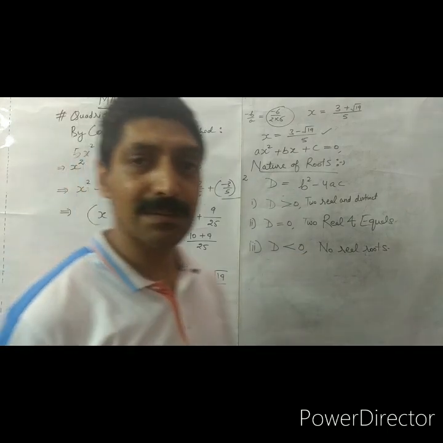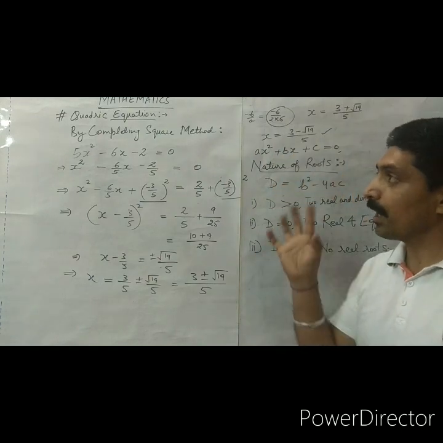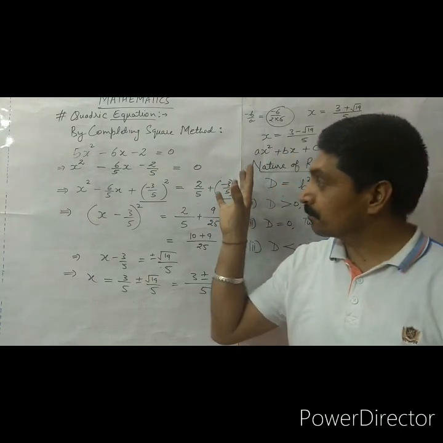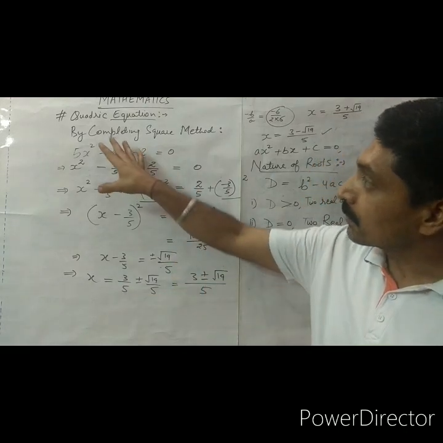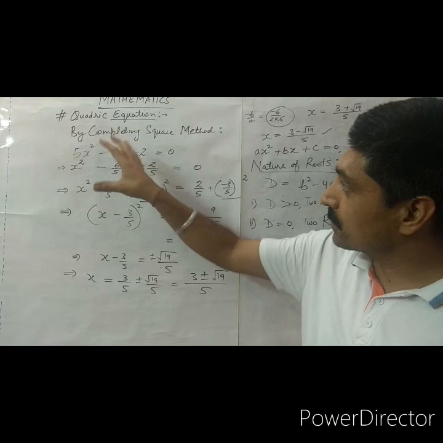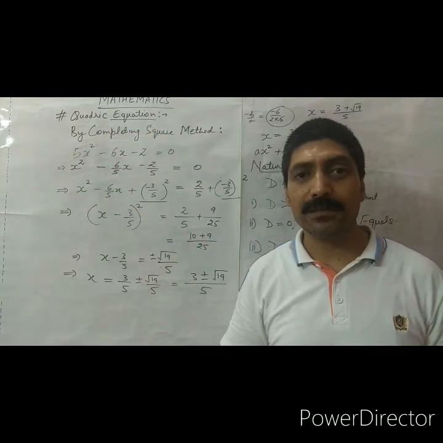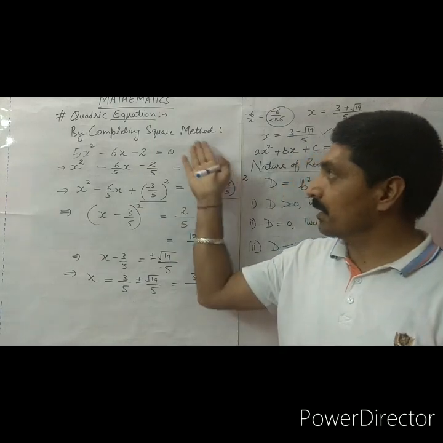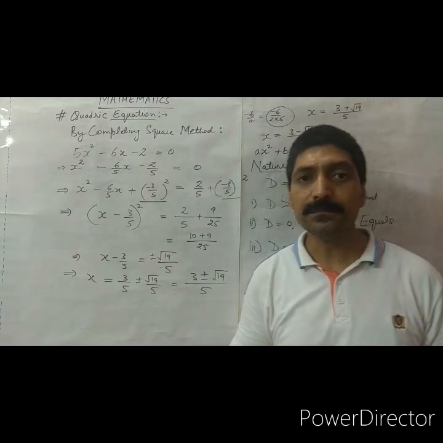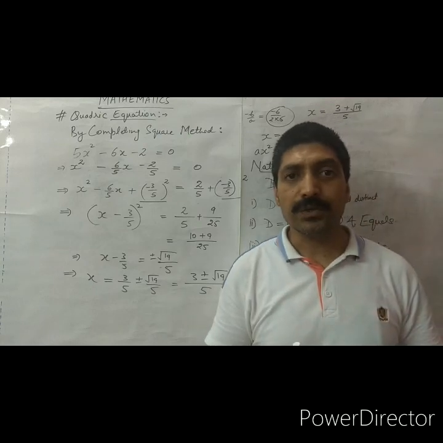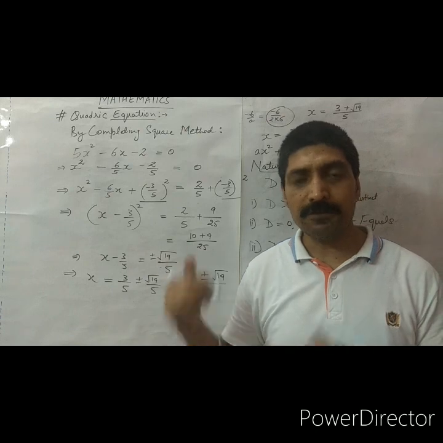So dear students, now I am very confident that you are clear about the topic of the completing square method. Some students have a problem with the completing square method. So dear students, complete the other topics in the revision.